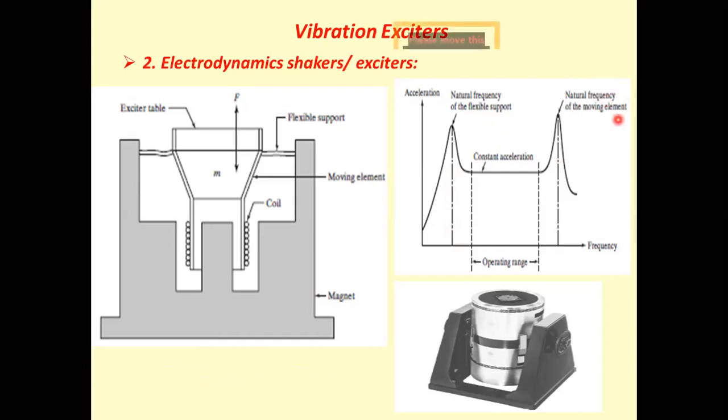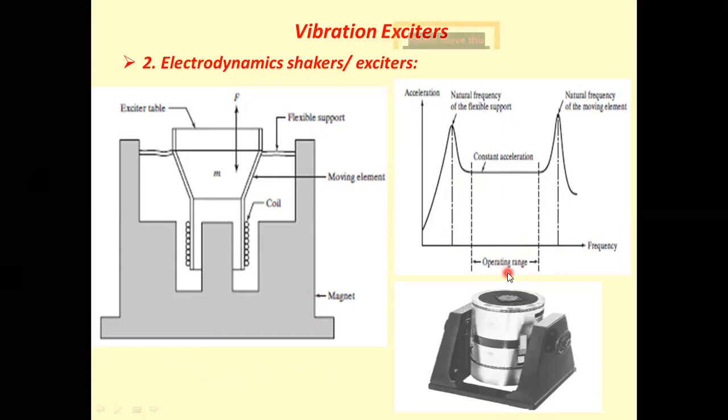The operating frequency range of excitation lies between these two resonance frequencies. So this is the first resonance frequency and this is the second resonance frequency. This is constant acceleration, and this is the operating range.